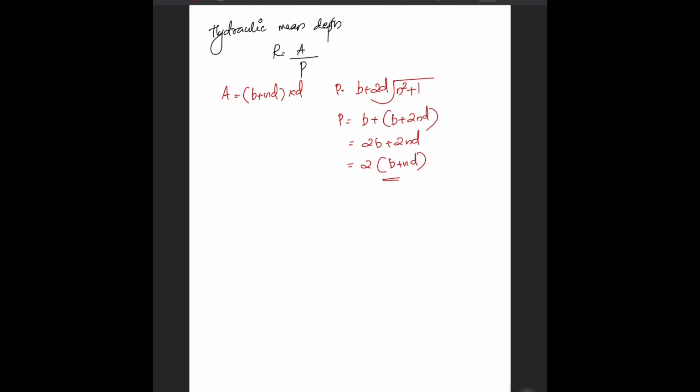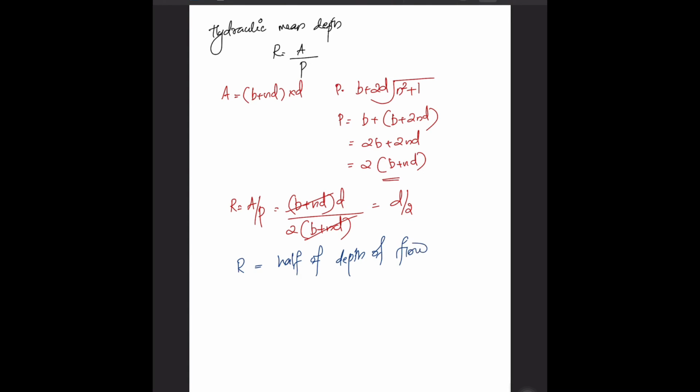That is P. Now let us see what is A by P. R is equal to A by P, which is equal to (b plus nd) times d divided by 2 times (b plus nd). b plus nd gets cancelled, so what remains is d by 2. So we can write R is equal to half of the depth of flow. This is the second condition: half of the depth of flow.